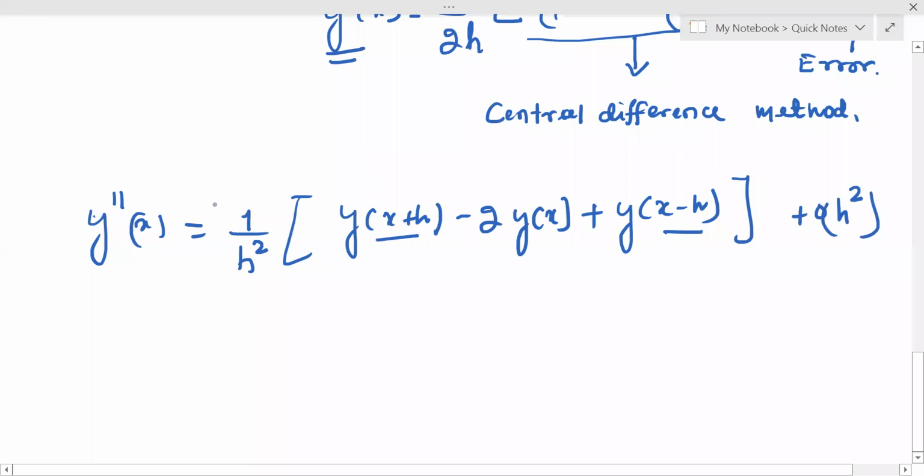That is the double derivative result, and that is also the central difference method.